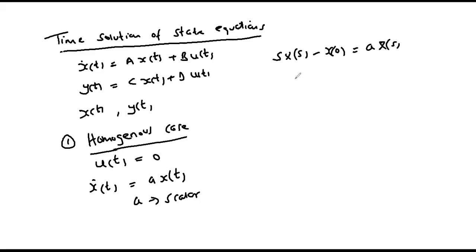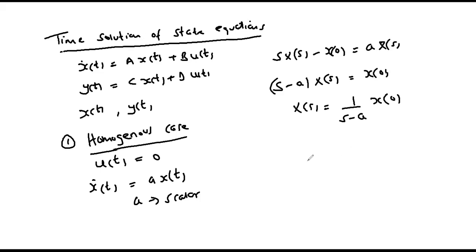If we collect the like terms together, we'll have (s minus A) x of s equal to x of 0, from which we can obtain our x of s to be equal to 1 over (s minus A) times x of 0.